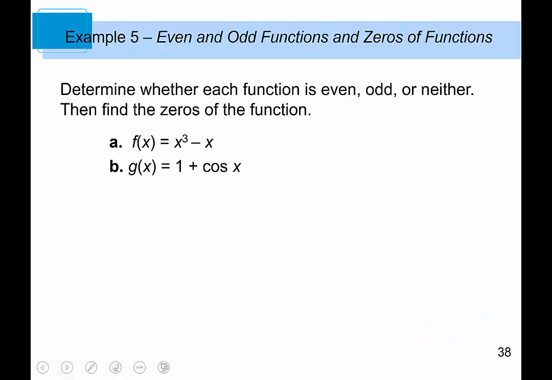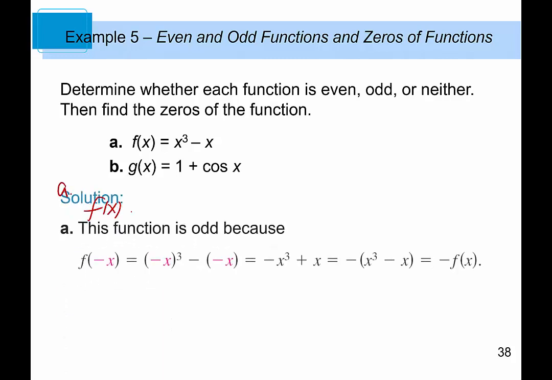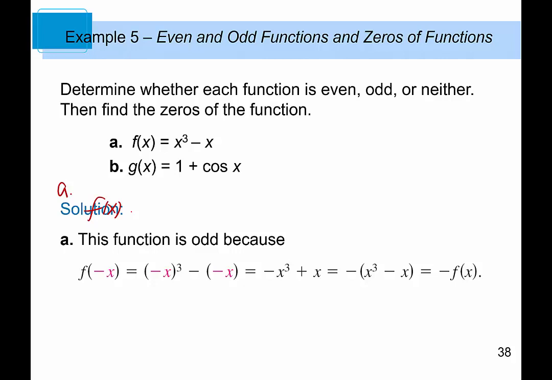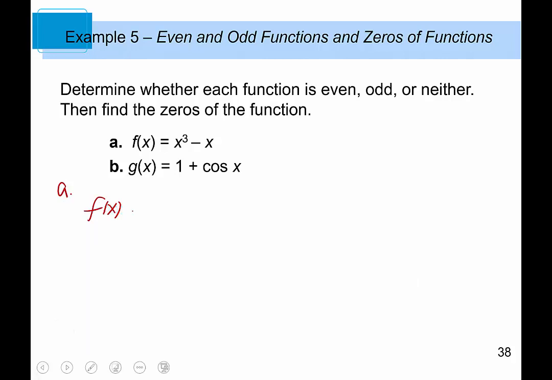Now let's take a look at these two functions and determine whether they are even, odd, or neither. It could be neither. First, f of x equals x cubed minus x. Now we just have to figure out what f of negative x is. Replace all the x with negative x.